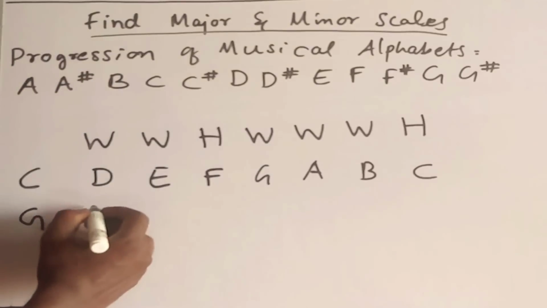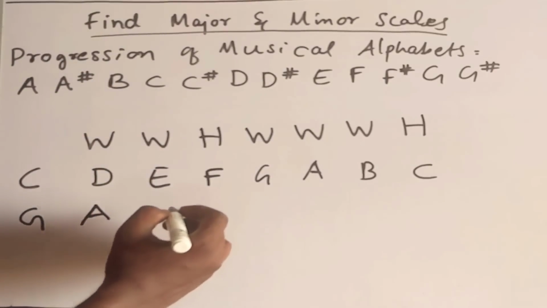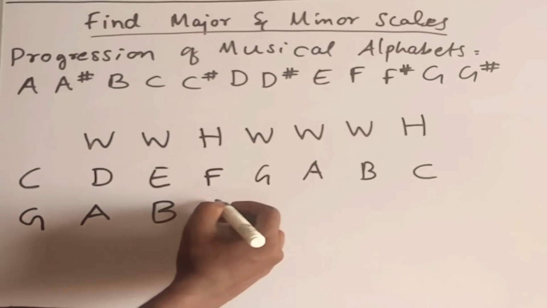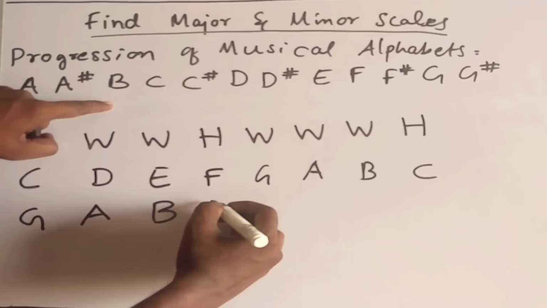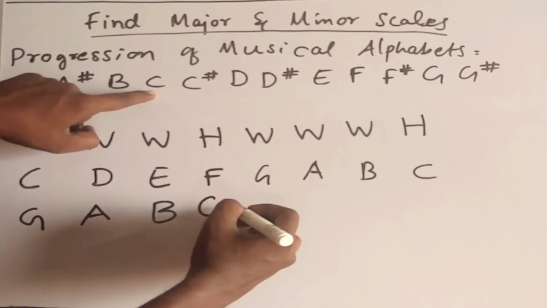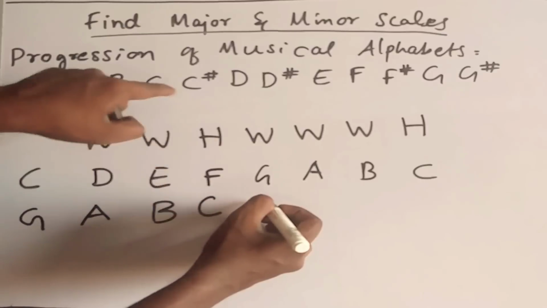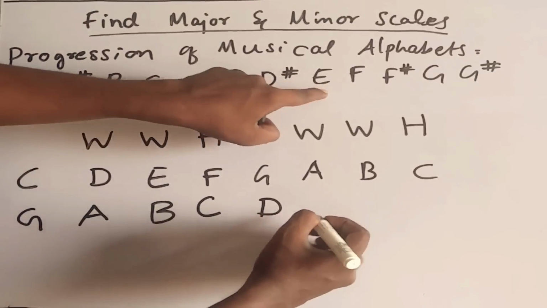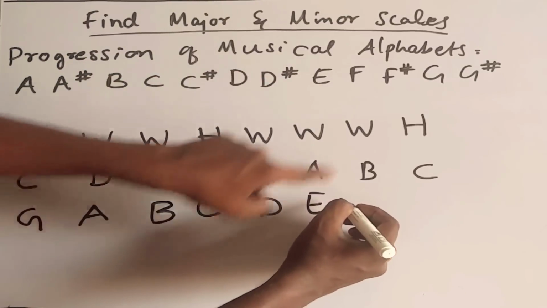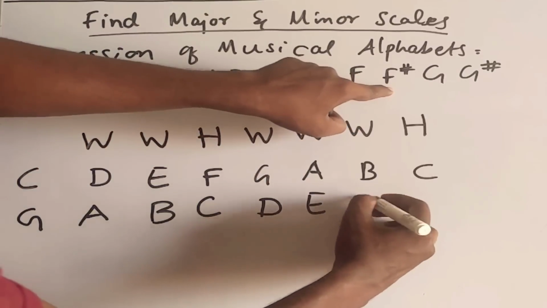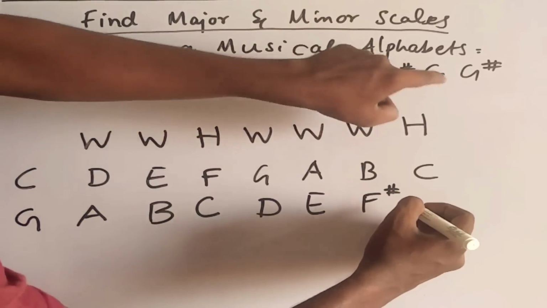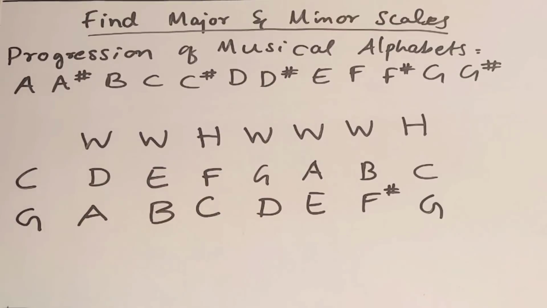From G, the whole step is A, and from A, the whole step is B. From B, the half step is C. From C, the whole step is D. From D, the whole step is E. From E, the whole step is F sharp. From F sharp, the half step is G. And that is G major scale.